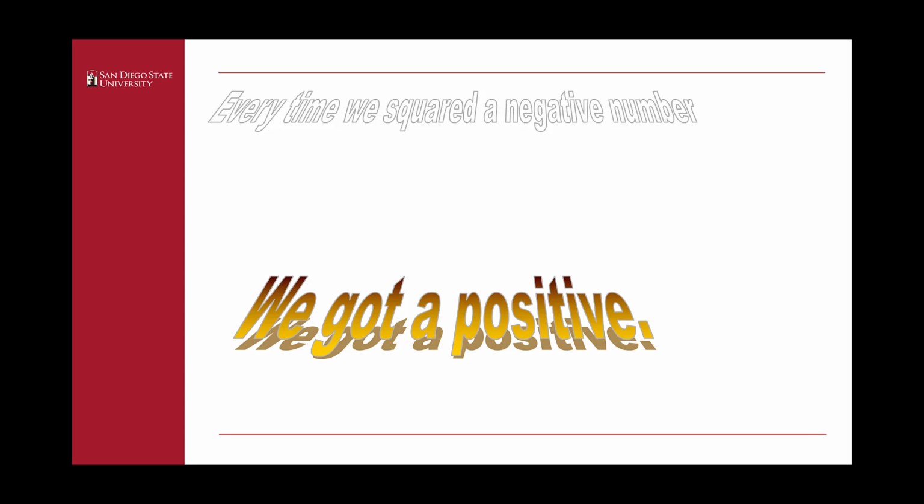And every time we square a positive number, of course, we again get a positive number. And if we take the negative of a square rooted number, it will be a negative square root number, but it won't be the square root of a negative number. So this is completely a different topic.